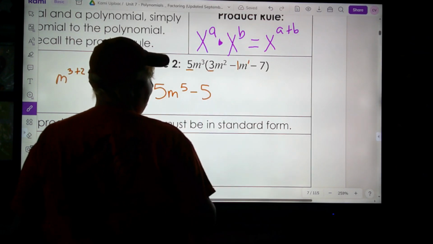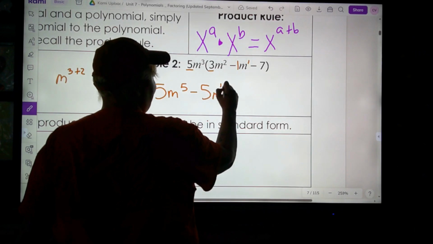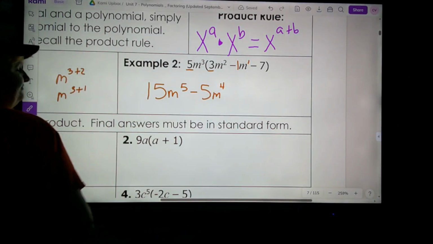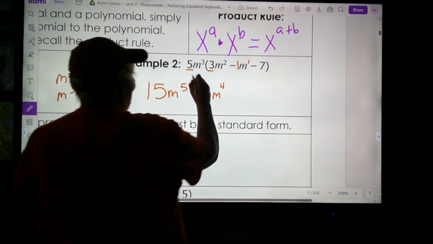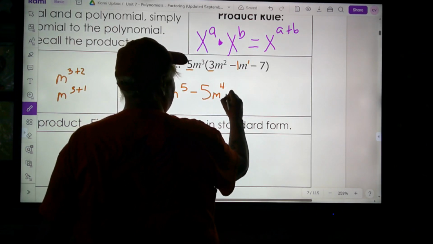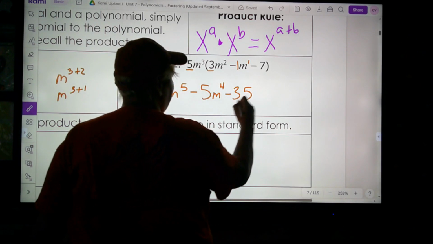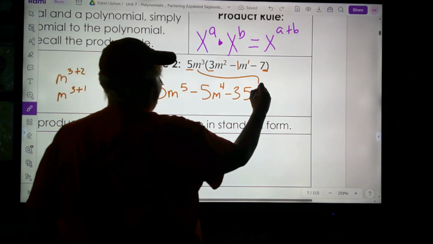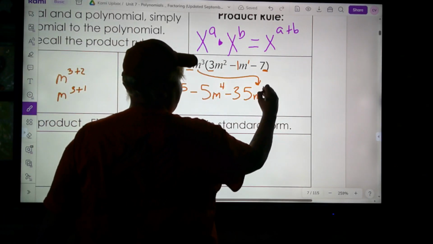M to the third, m to the first means you're going to have m to the fourth, right? Because you're going to have m to the third plus 1. And then 5 times negative 7 is negative 35. And there's no variable here, so you just bring this one down. M to the third.